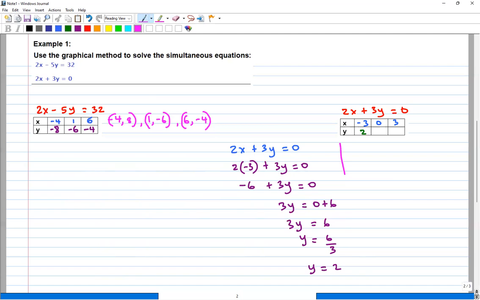Let's get another one. Our equation is 2x plus 3y is equal to 0. Now this time x is 0.